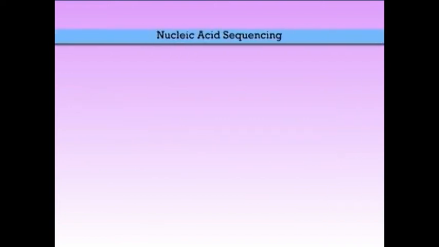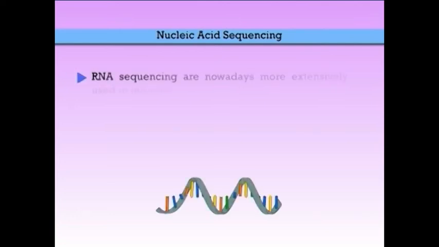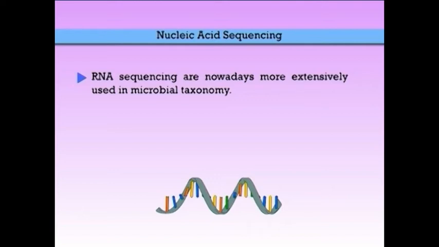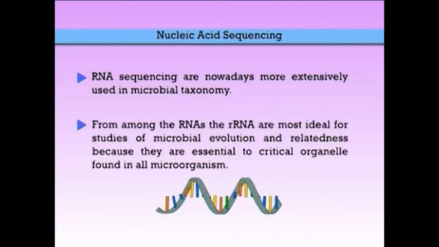Next, we'll see nucleic acid sequencing. RNA sequencing is nowadays more extensively used in microbial taxonomy. From among the RNAs, the rRNA is most ideal for studies of microbial evolution and relatedness because it is an essential part of a critical organelle found in all microorganisms.